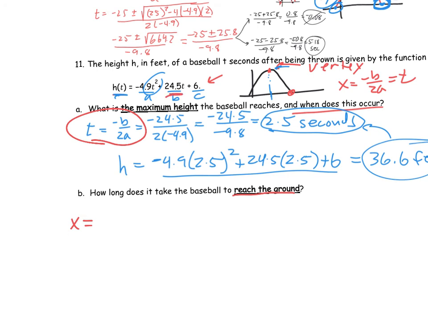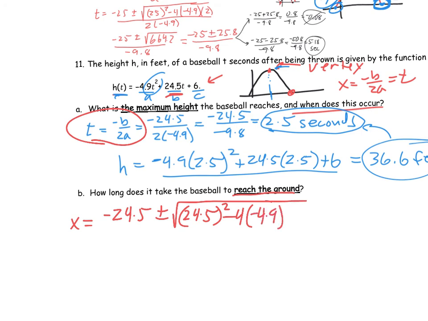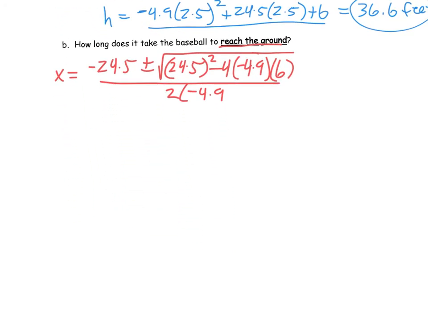Well, b is 24.5, so that's going to be negative 24.5 plus or minus the square root of b squared, well, 24.5 squared, make sure you put it in parentheses, minus 4 times a, which is negative 4.9, times c, which is 6, all over 2 times negative 4.9. And this is to find when it hits the ground. We don't want the negative answer, we want the positive answer.